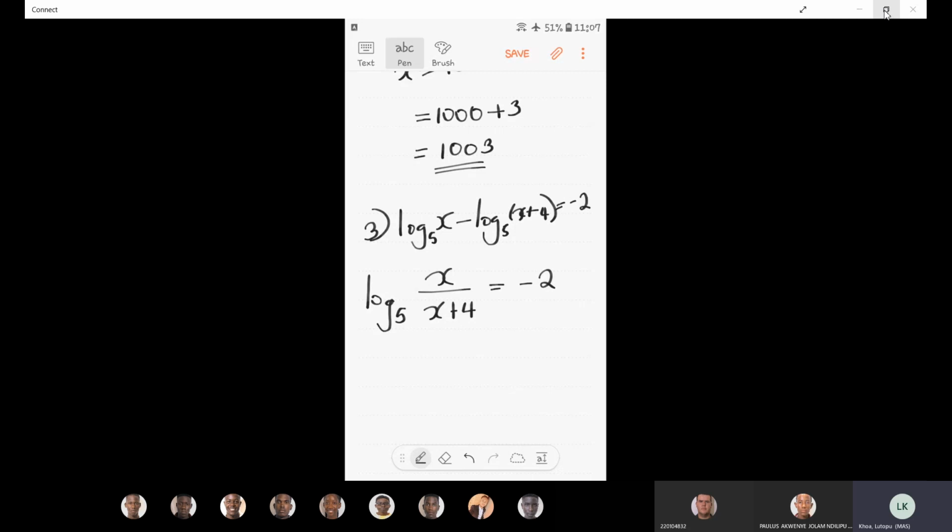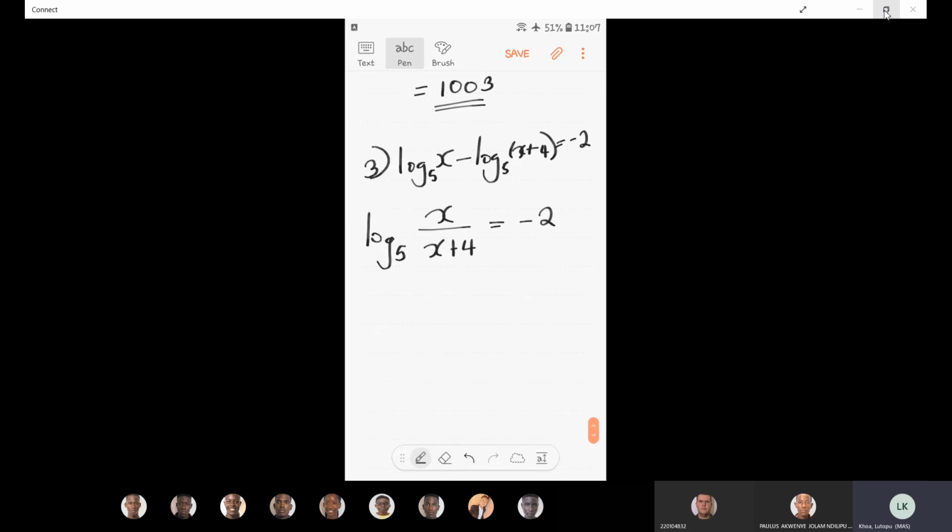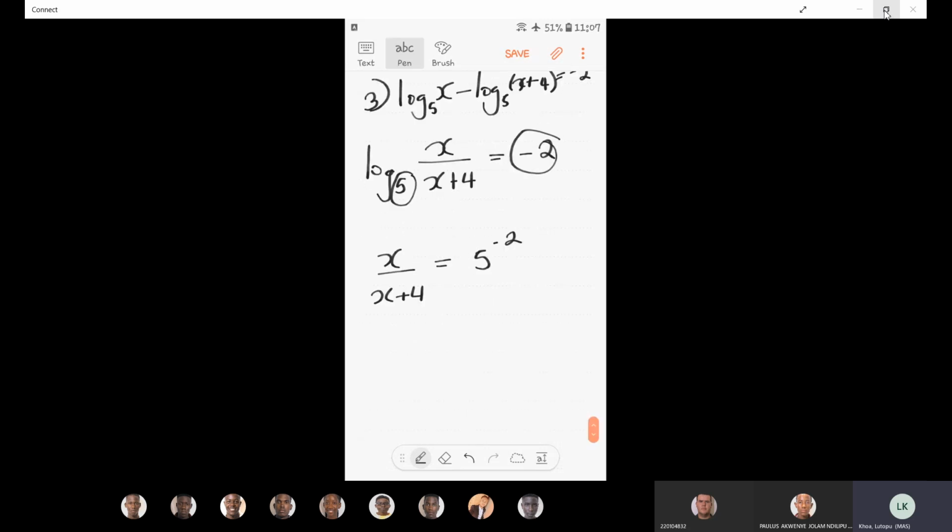Okay, then I can rewrite this in exponential form. So I have x over x plus 4. So my base exponent is equal to argument. This is 5 to the power of minus 2. Now 5 to the power of minus 2, that is 1 over 25. So I have x over x plus 4.